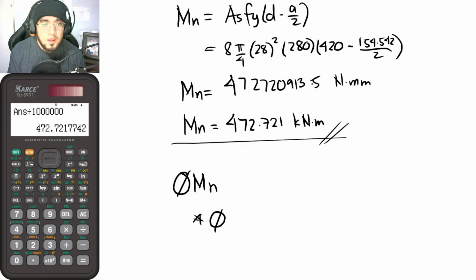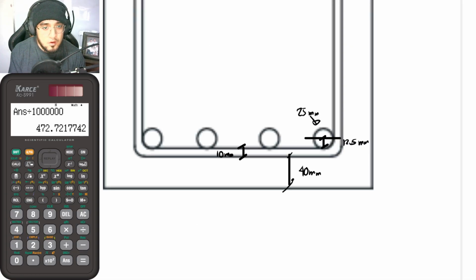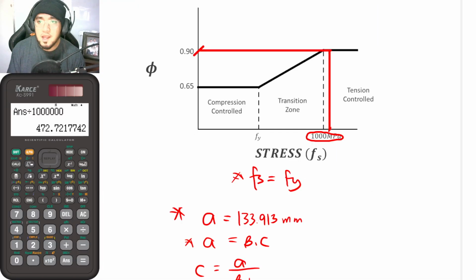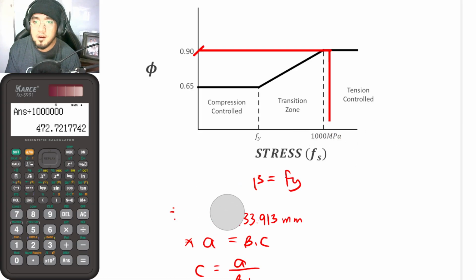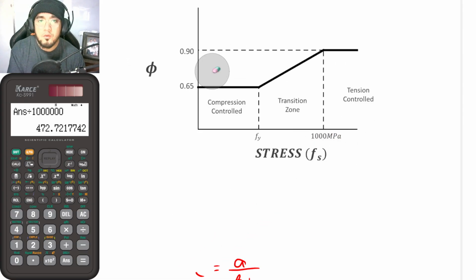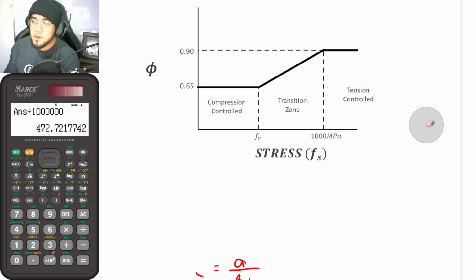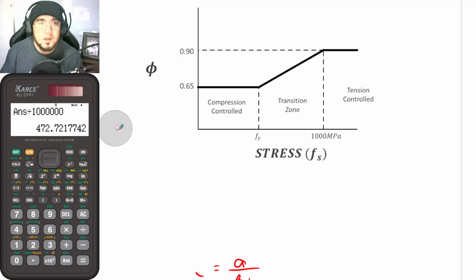For the value of phi, it will be up to you if you would be making use of the graph of strain, the graph of stress, or if you would just make use of the formula.